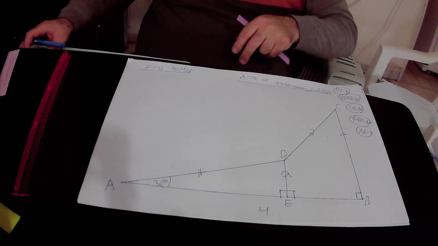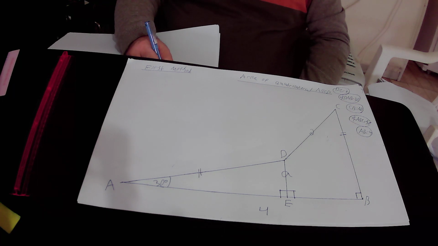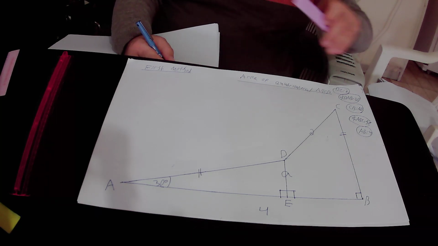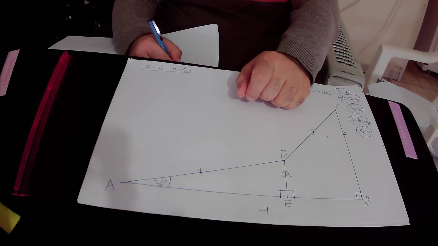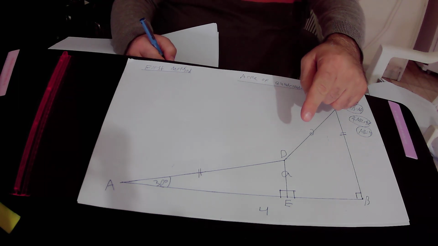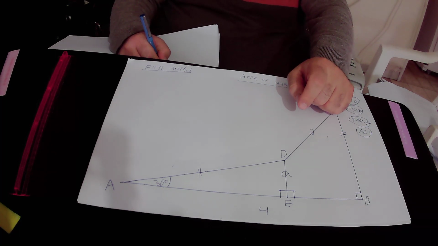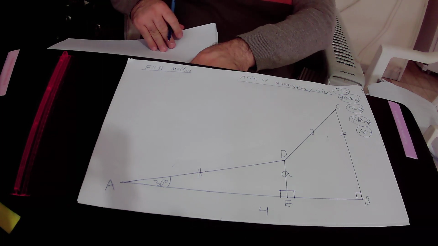On the right triangle ADE, we know that sine 30 degrees equals DE over AD. I'll repeat again.